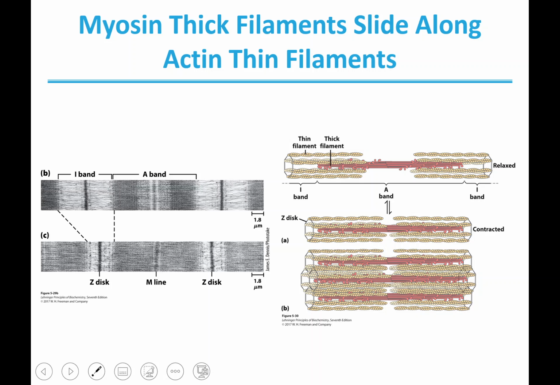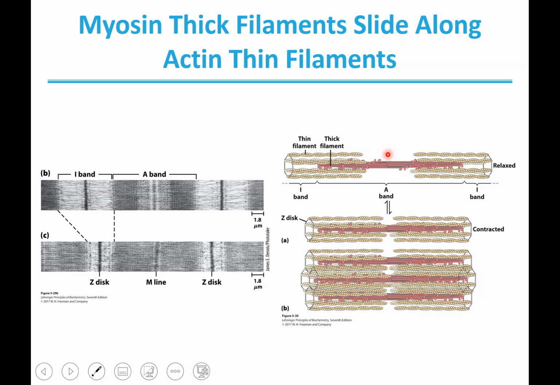Here's a better depiction of what's actually happening. In an uncontracted muscle, shown on the top picture, you'll have your actin thin filaments and your myosin thick filament, and there's very little overlap.